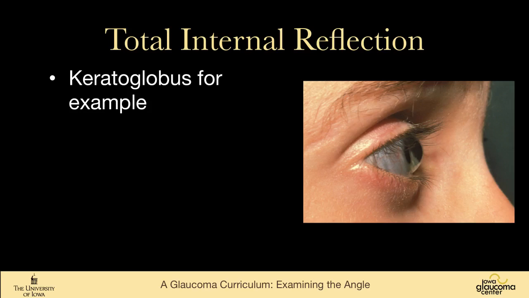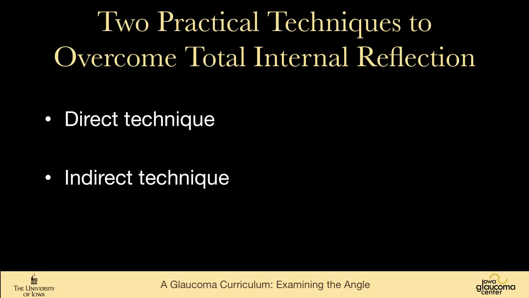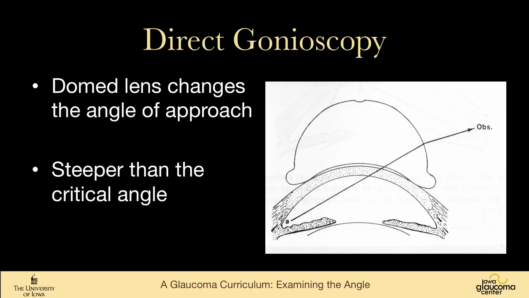So you need to have a way of overcoming total internal reflection. And so that leads us to examination techniques. And there are 2 basic ways that this is done, directly or indirectly. Directly, one puts a domed lens on top of the cornea that changes this angle so that the observer can see right into the angle.